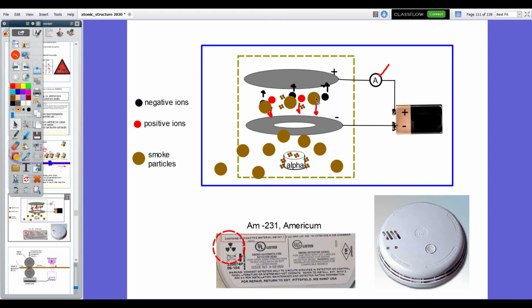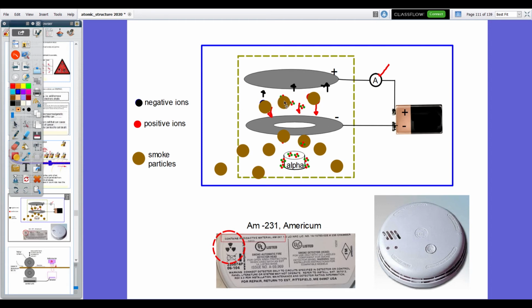The effect of smoke particles is that when they get inside this chamber, one, they can stop these alpha particles getting into this chamber in the first place. Because alpha particles aren't very good at penetrating, if they hit the smoke particles here, they will just be absorbed and will not get through anymore. The other effect is that once the smoke particles are in here, they can also absorb and cling on to the ions.